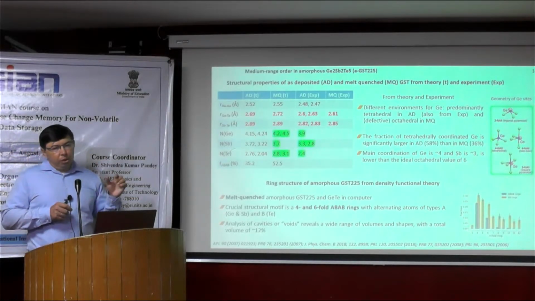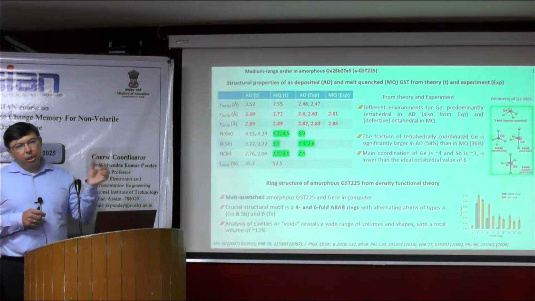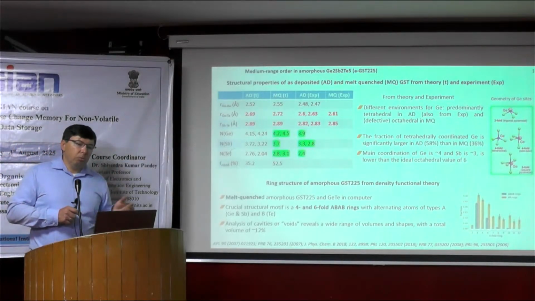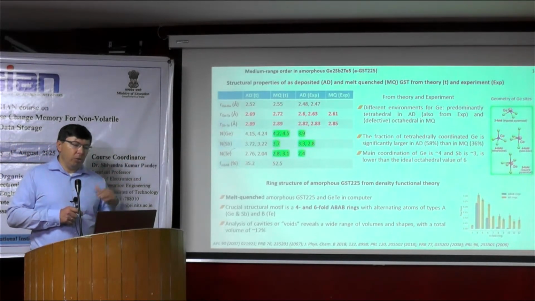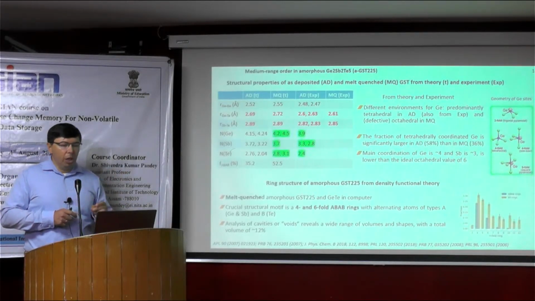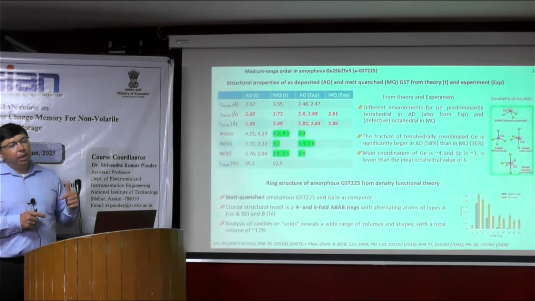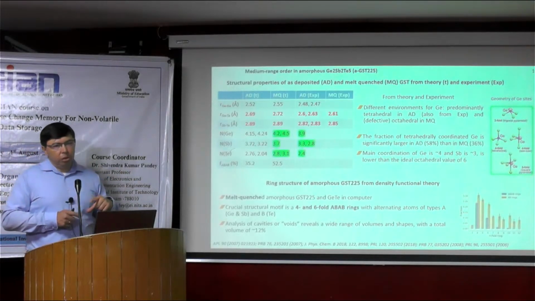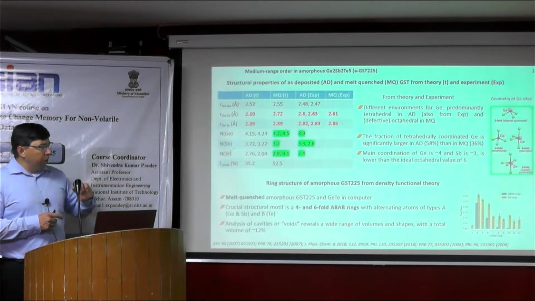Also, if you operate your devices optically or electrically, you first make several switching cycles. So you first make the deposition and then let the device switch several times. At the end, you switch between the melt-quenched and crystalline states, not between as-deposited and crystalline. So you always have the melt-quenched to crystalline phase transition.